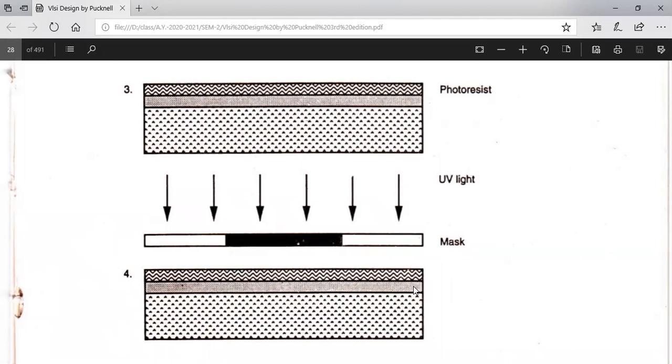Under the black window, the photoresist will remain in the gel type form.